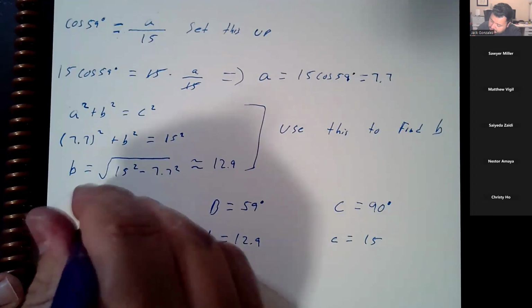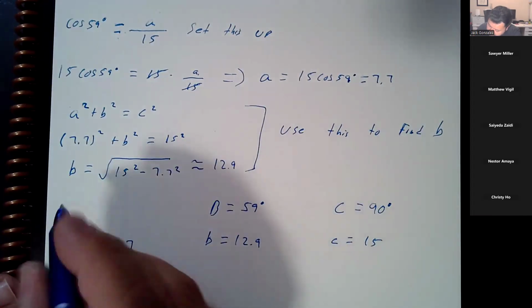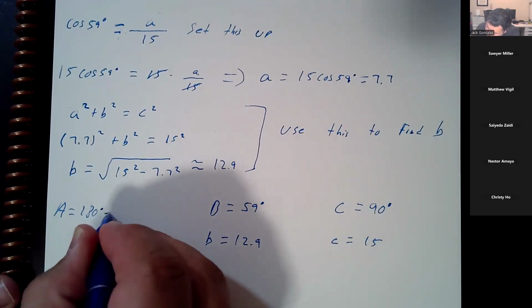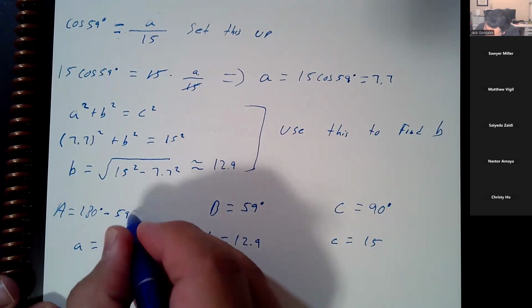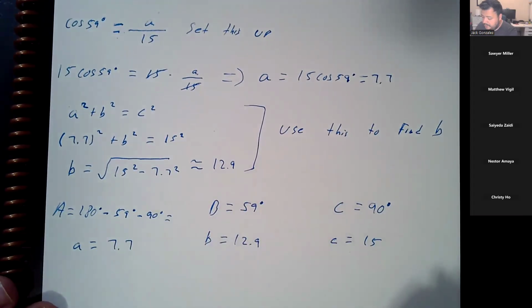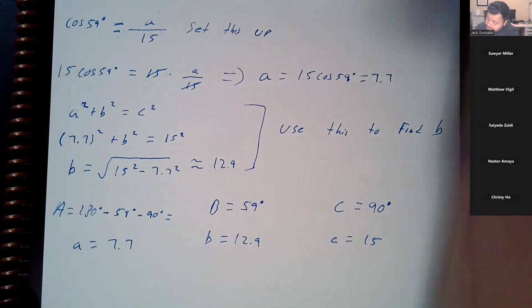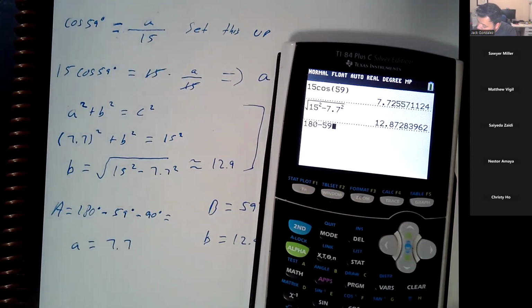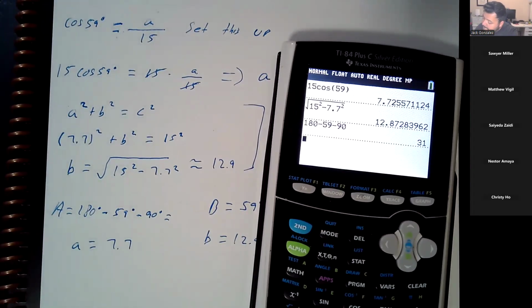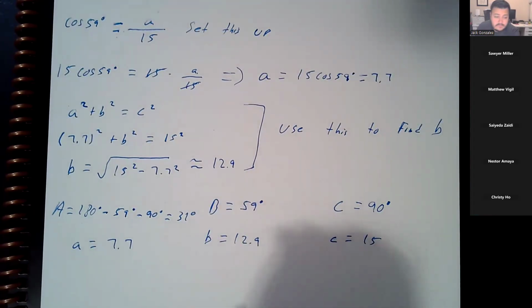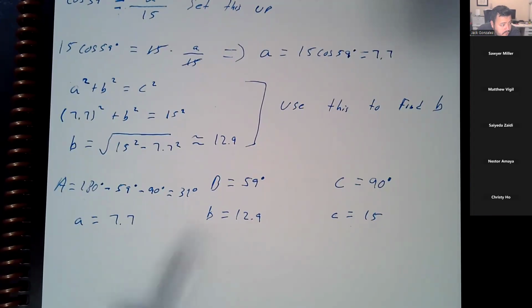The sum of all the angles has to be 180. So do you agree that if you subtract from 180, you'll have angle A? Yes. What's that going to be? I don't know. 180 minus 59 minus 90, 31. So we solved the triangle completely, found all the angles and all the sides.